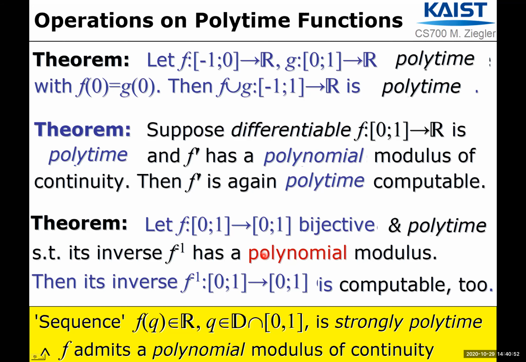But the interesting thing is, if the function is bijective and polynomial time computable, then of course we hope that also its inverse is polynomial time computable, but that requires some additional hypothesis. As usual, we need the hypothesis that guarantees that the inverse has a polynomial modulus, otherwise there's no chance for it to be polynomial time computable.